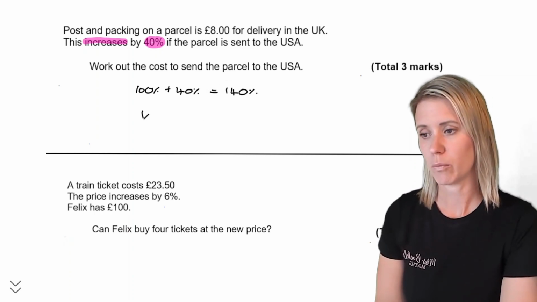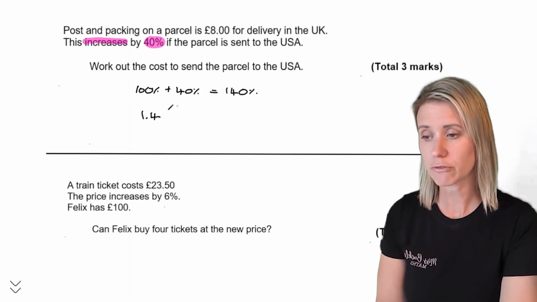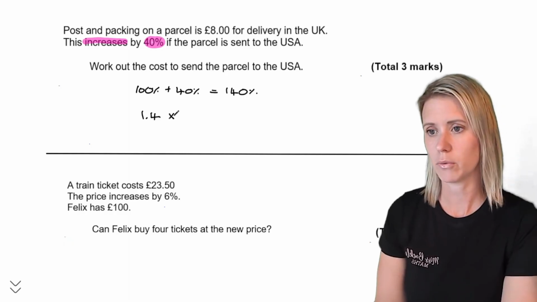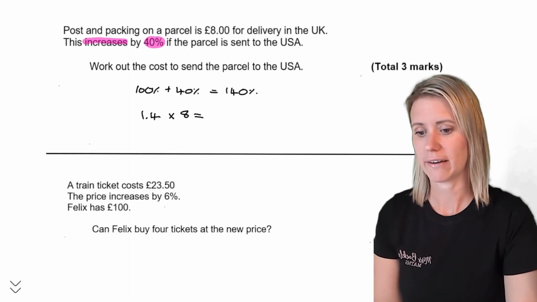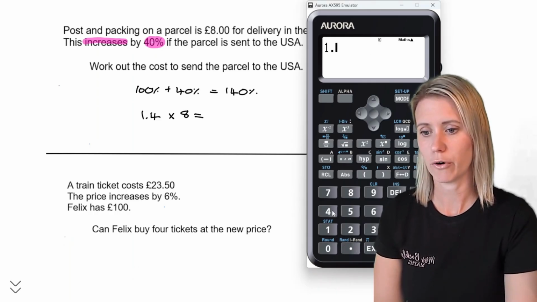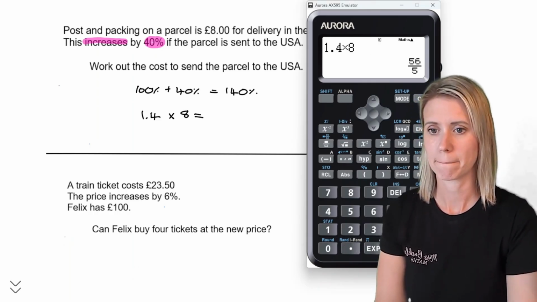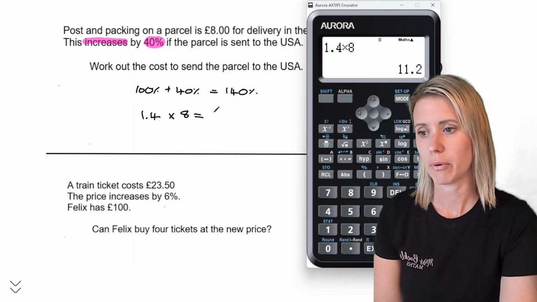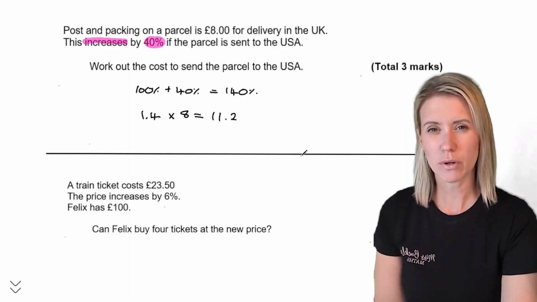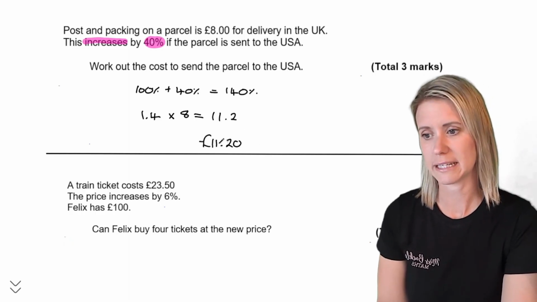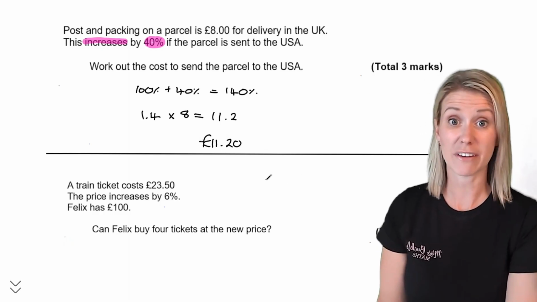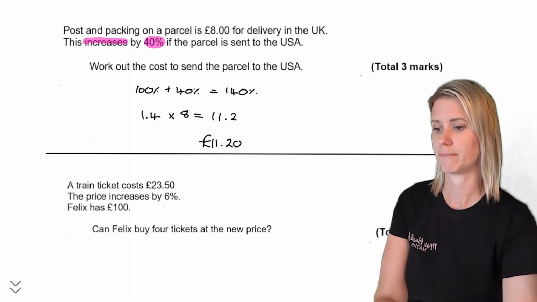So it's going to be 1.4, which is 140% as a decimal, multiplied by £8. Put that into your calculator to get your answer. 1.4 multiplied by 8 gives us 11.2, but we're in money. So what does 11.2 mean? It means £11.20. Always be careful that you're leaving money to 2 decimal places.